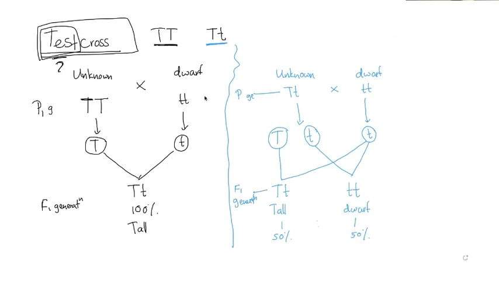Now think we did the cross, and in the F1 generation, if we get 100% tall plants, then we can say that our unknown plant is capital T capital T. In the second situation, in the F1 generation, if we get half of the plants tall and half of the plants dwarf, then we can say our unknown genotype is capital T small t.